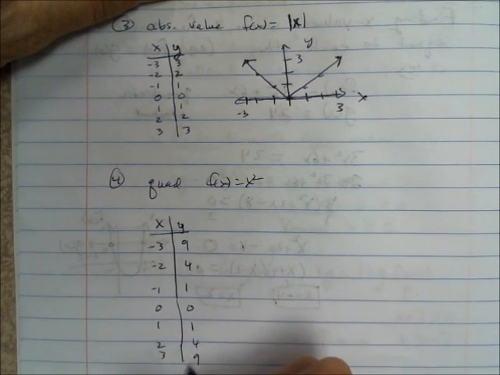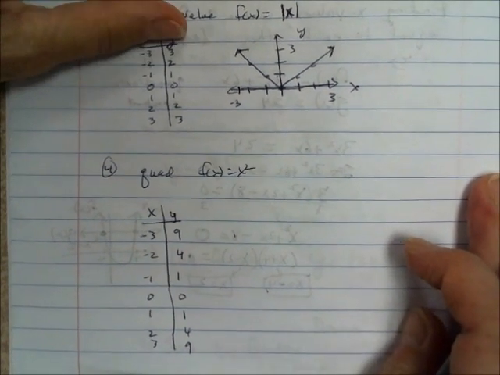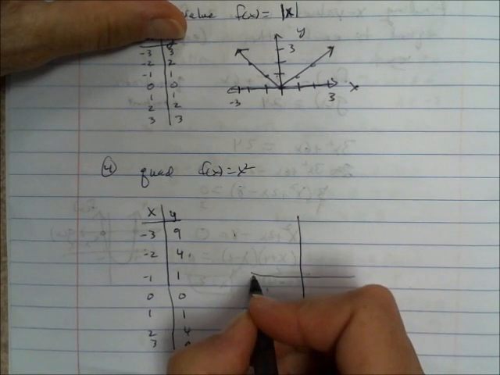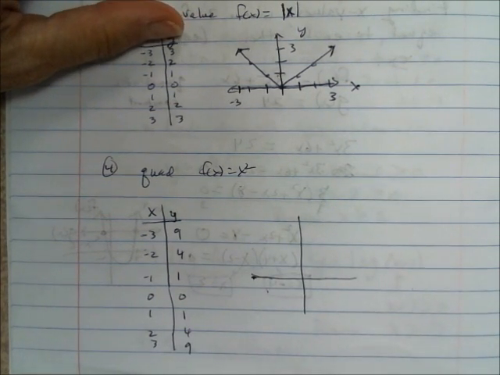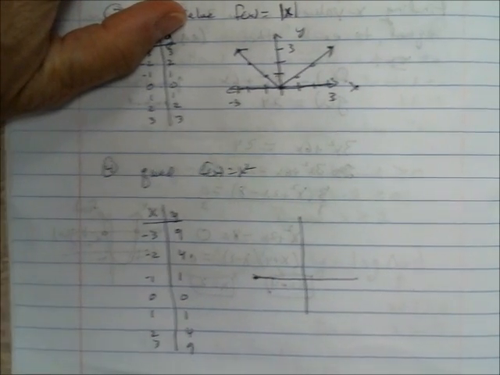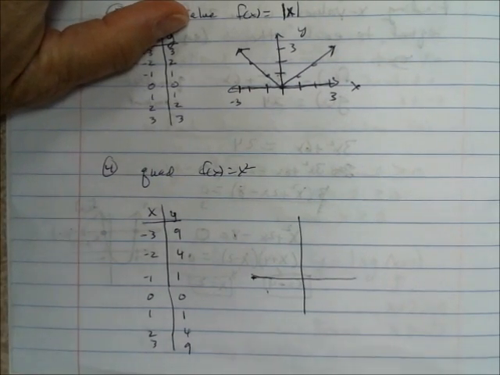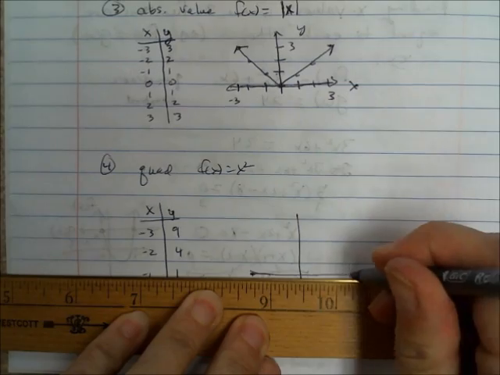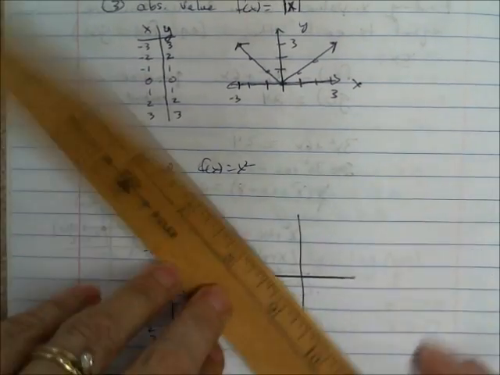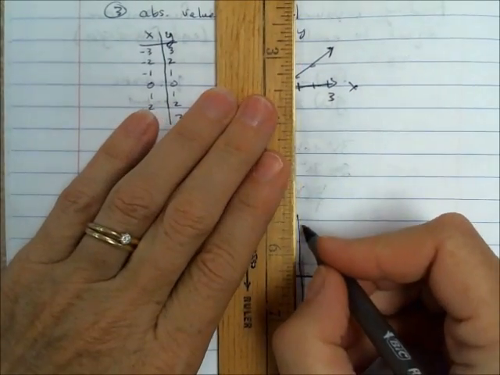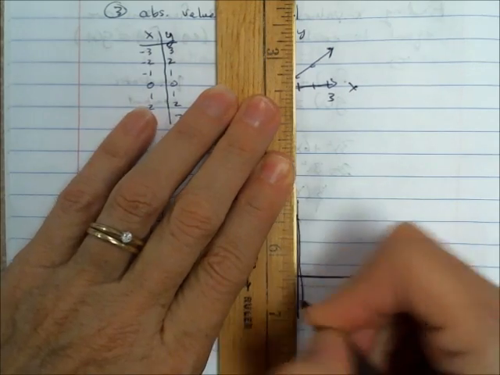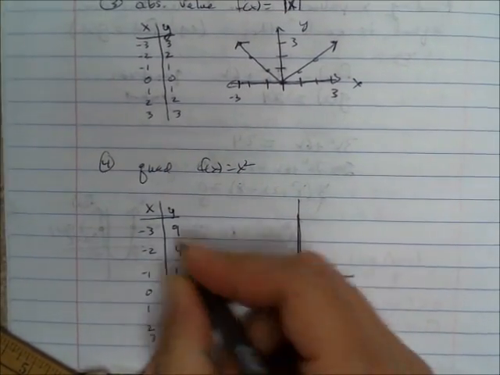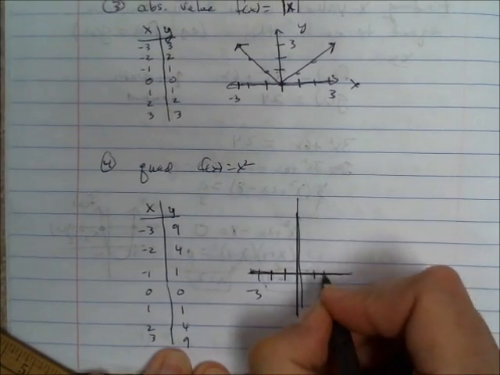So now we've got 7 points that we can put on a graph. And again, when we go out to the x, I should be using the straight edge so my graphs are a little bit neater, I guess. And then our y. On our x-axis, we'll go back to -3 and then up to +3.